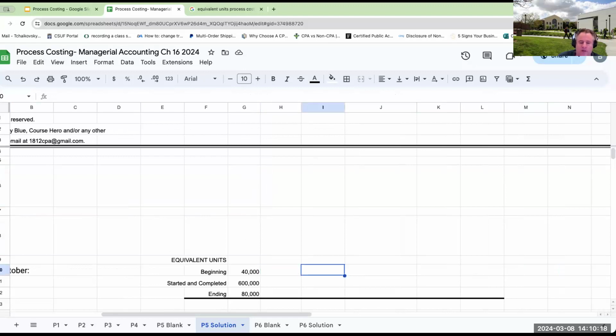However, when we're going through and doing this, these are the equivalent units we have. We need to figure out what the equivalent units are for direct materials, and we also need to figure out our equivalent units for conversion.